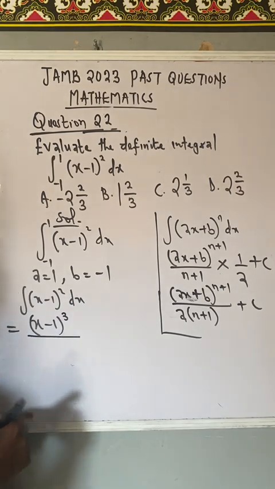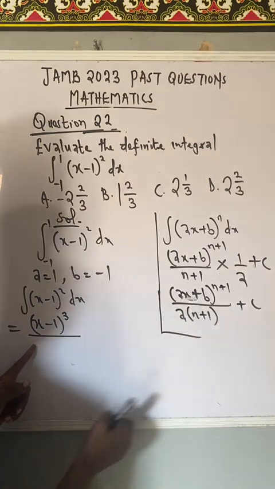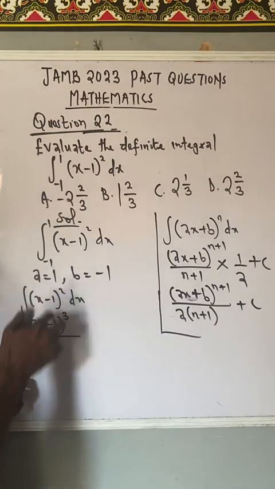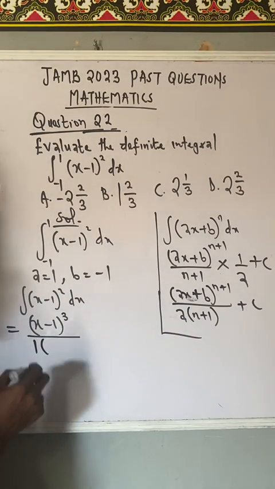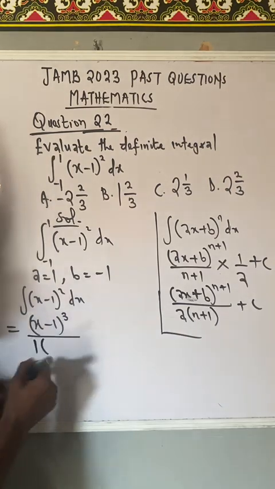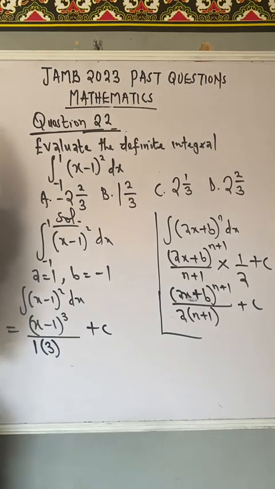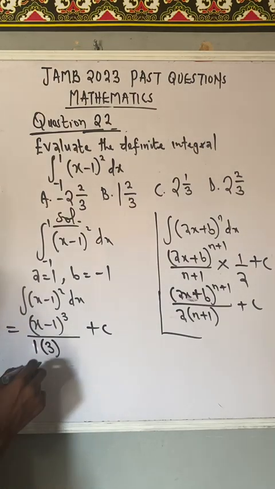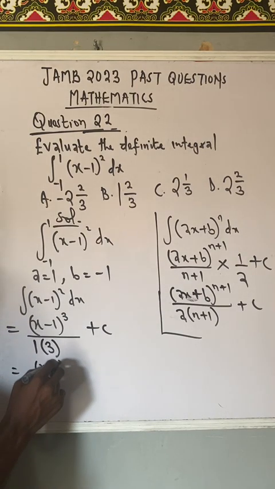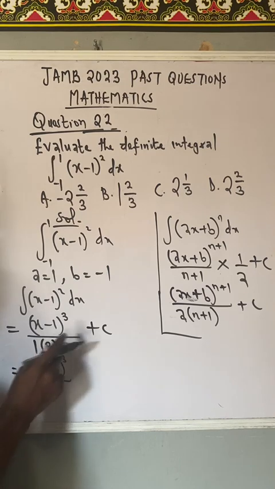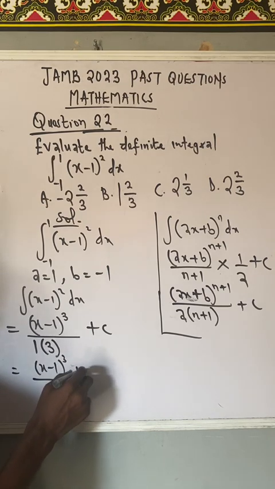Everything divided by a times (n plus 1). What is my a from here? 1. That's 1 times (n plus 1), which has given me 3 from here. Then plus c, which is the constant of integration. Now, we are going to have (x minus 1) cubed all over 1 times 3. That will give me 3, plus c.